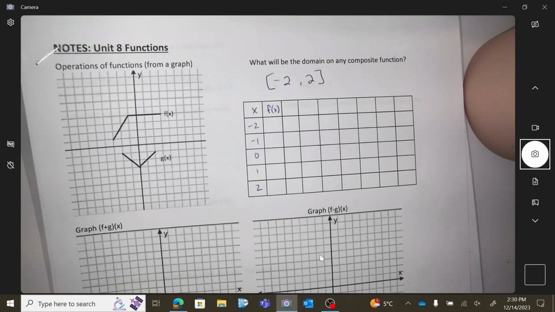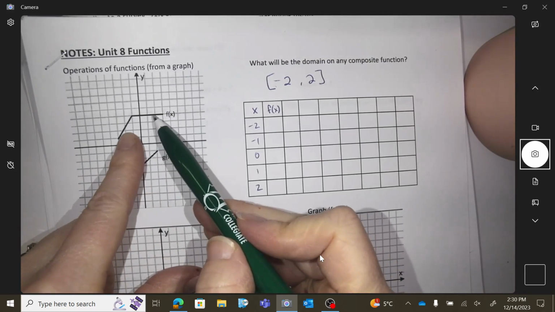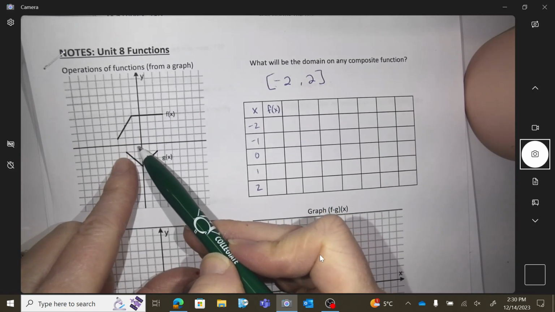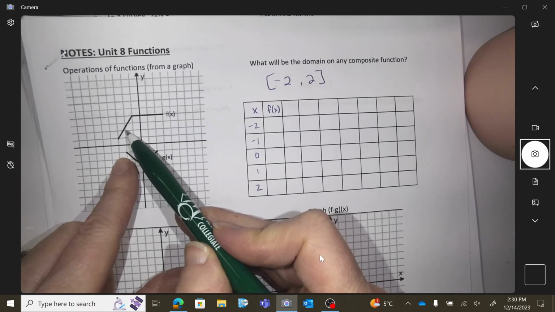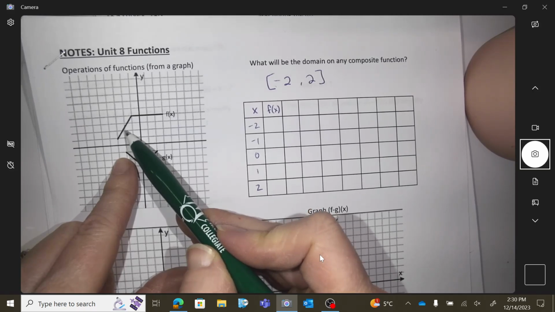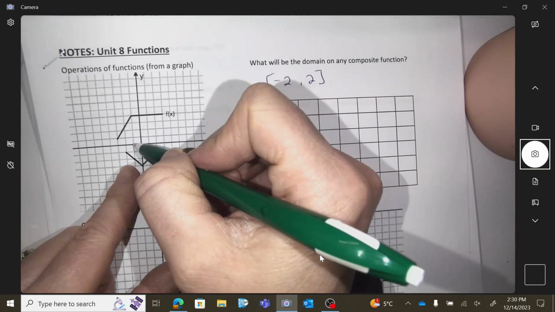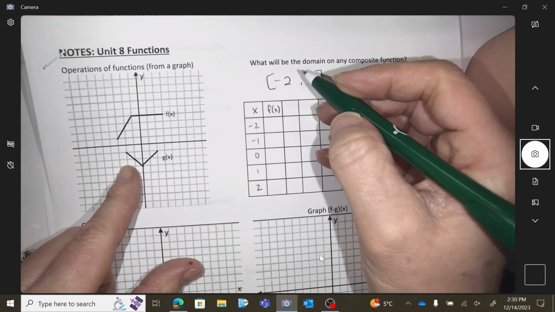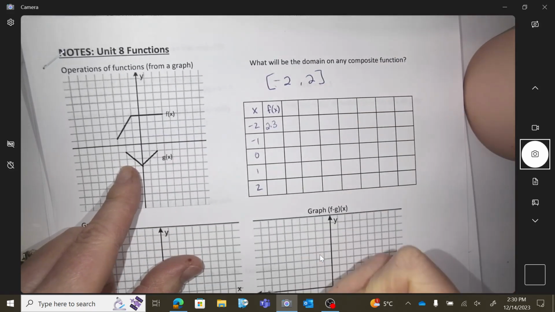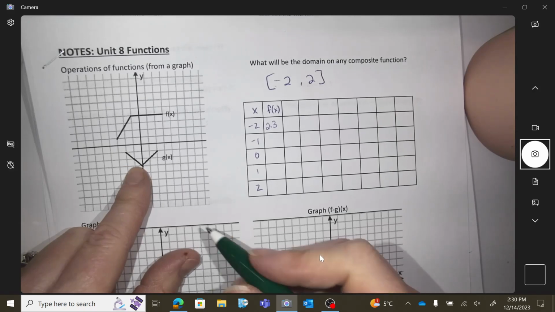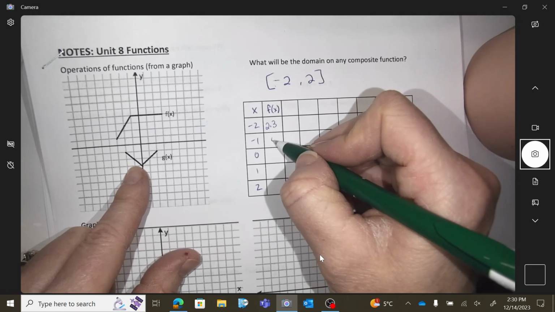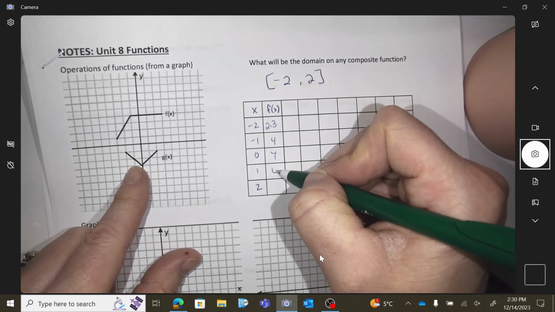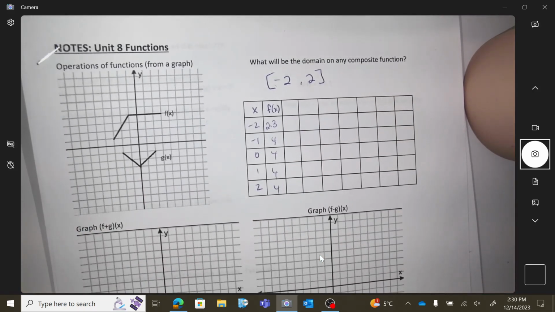Okay, now let's go, what is the f of x? So I'm going to follow this function. At -2, we have a height of, I'm just going to say 2.3, you said? Okay, and at -1, the height is 4, and it stays at 4.